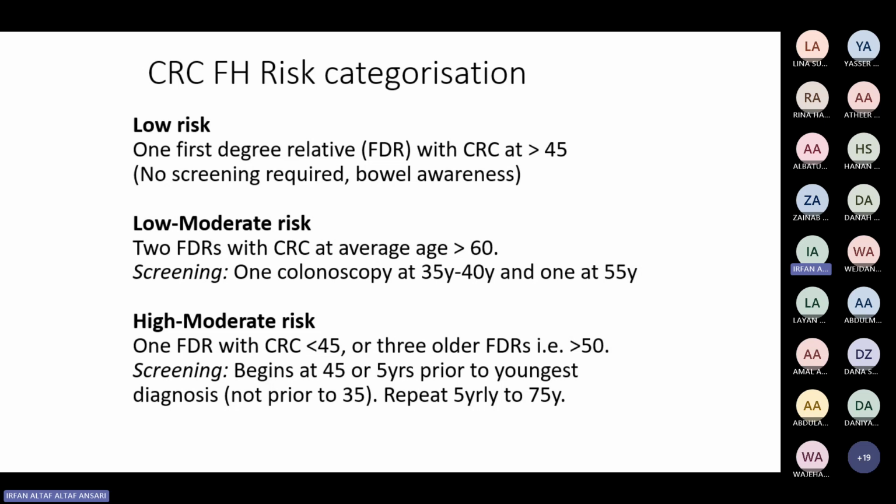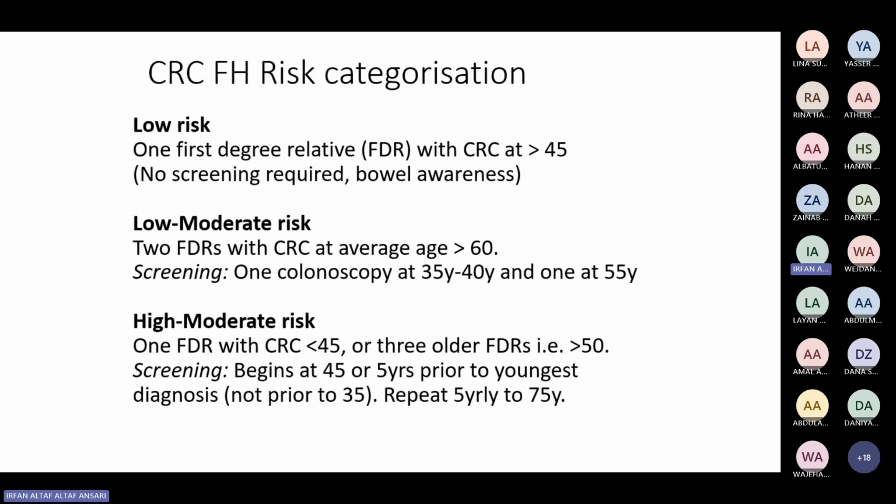Okay, so you have the low risk, moderate risk, and the high risk. Low risk is more than 1 first degree relative with CRC at more than 45 years of age. You don't need any screening over here. You just ask your patient for bowel awareness. Moderate risk is 2 first degree relatives at more than 60 years of age.